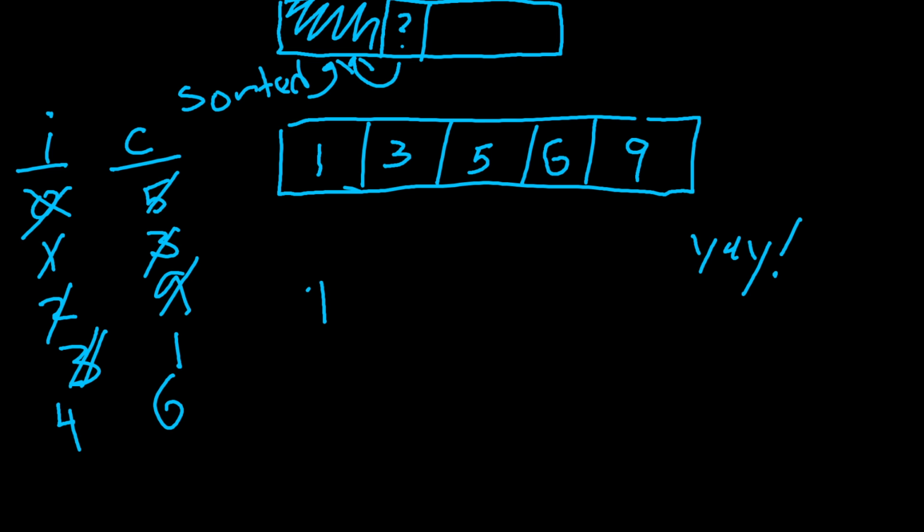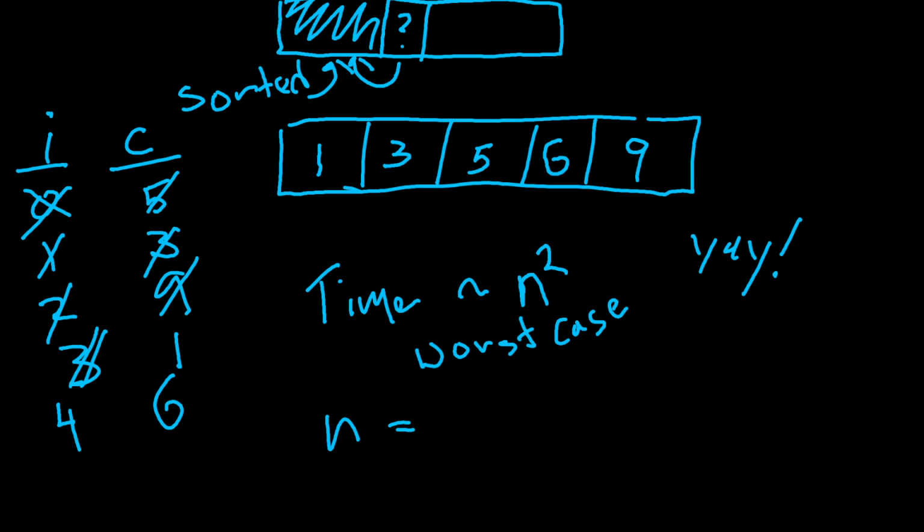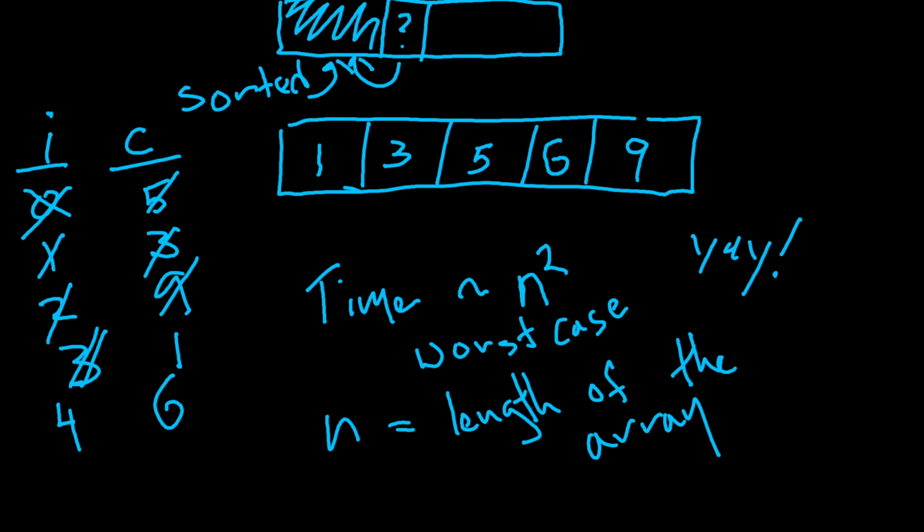So the time it takes, I haven't really covered this yet, is going to be about n squared in the worst case. So I say about n squared, that means if n is the length of the array. And you can see that in the loop.